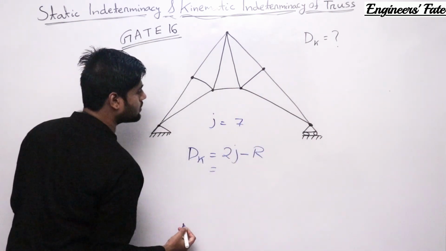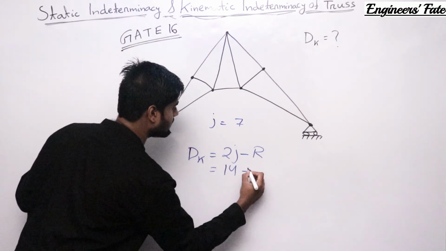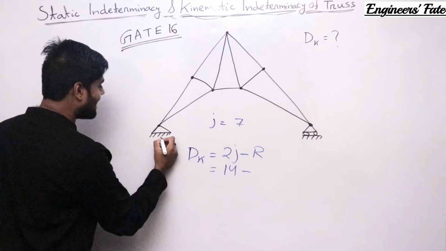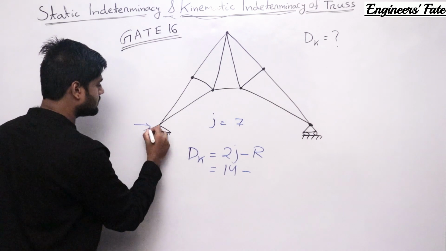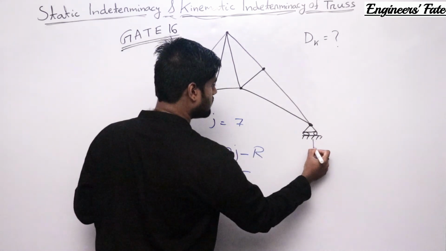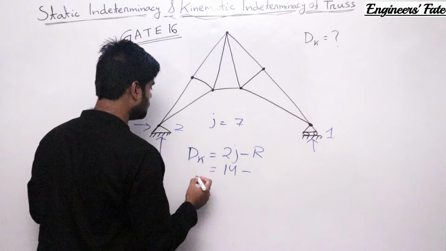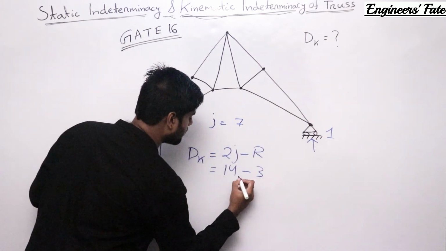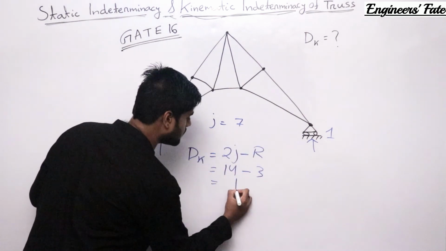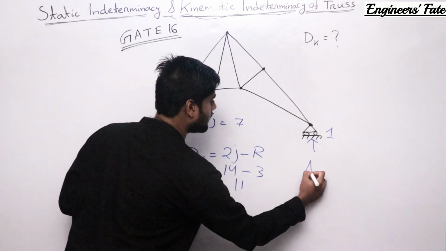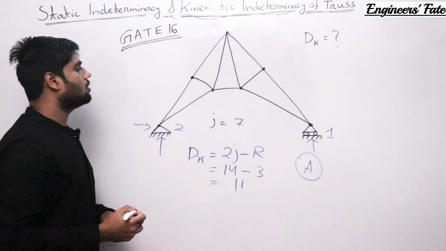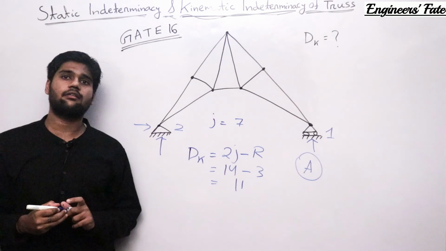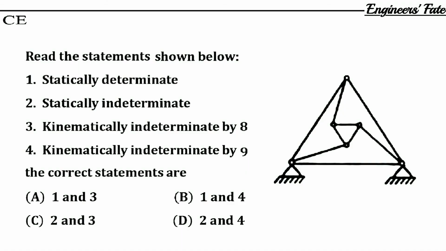So 2 into 7, that is 14, minus r. How many reactions are there? This is 2, this is 1. So 2 plus 1, that is 3. So Dk equals 14 minus 3, that is 11. Option A is correct. So note this down and try the next question.